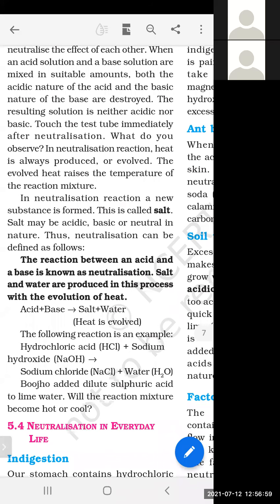H is the symbol for hydrogen, Cl is the symbol for chlorine. In the same way, sodium hydroxide, you can write Na. Na stands for sodium, O stands for oxygen, H stands for hydrogen. So in Na, N is capital, a is small. O is capital, H is capital.